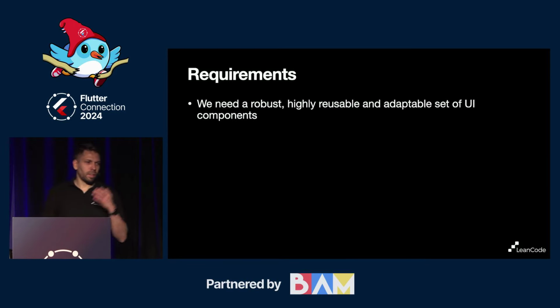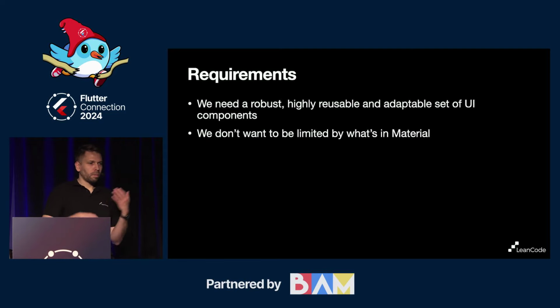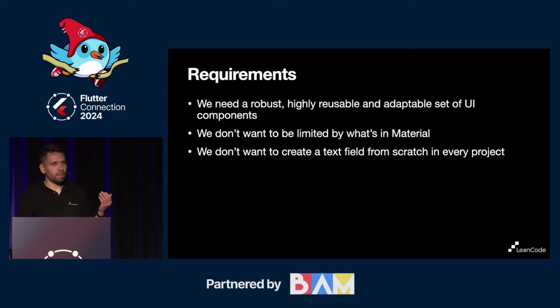So we realized that we need a robust, highly reusable, and adaptable set of UI components. We don't want to be limited by what's in material. For example, in many projects, the material text field, which is a very complex component, is completely enough. But we had some requirements where we needed to implement it ourselves, based on render objects and very low-level stuff.